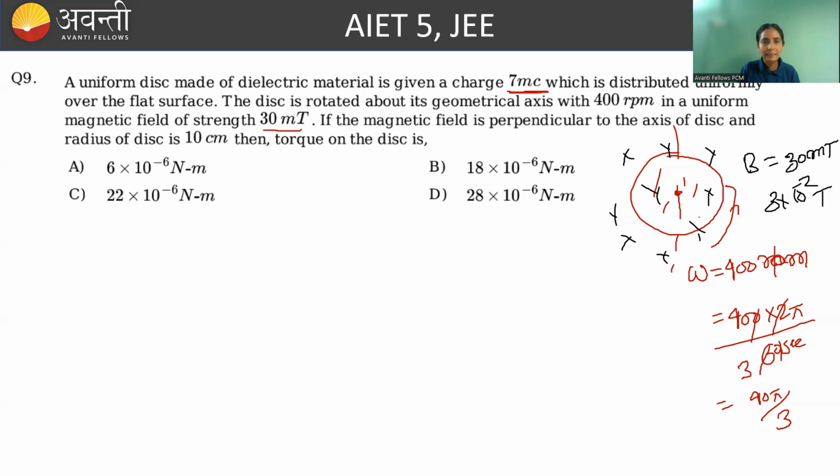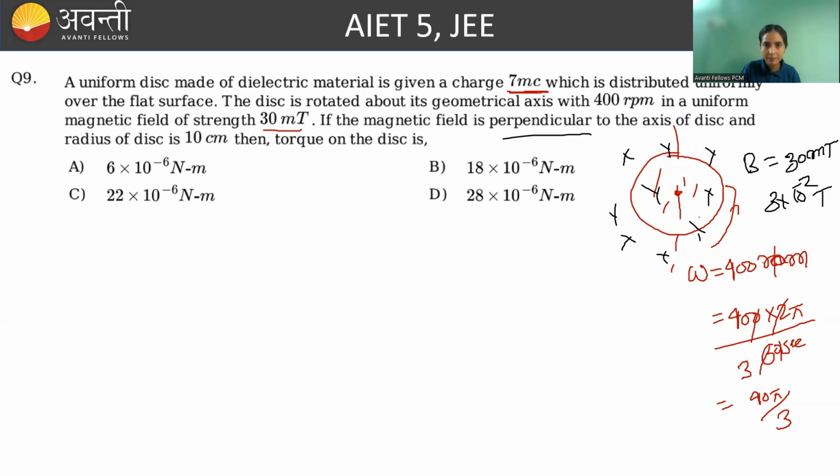Now, the magnetic field is perpendicular to the axis of rotation, that is, perpendicular to the axis of the disk. The one I have drawn is not correct, because the disk is rotating about its geometrical axis, right? If I'm taking this as an axis, the magnetic field can't be in this direction because they have to be perpendicular according to the question.